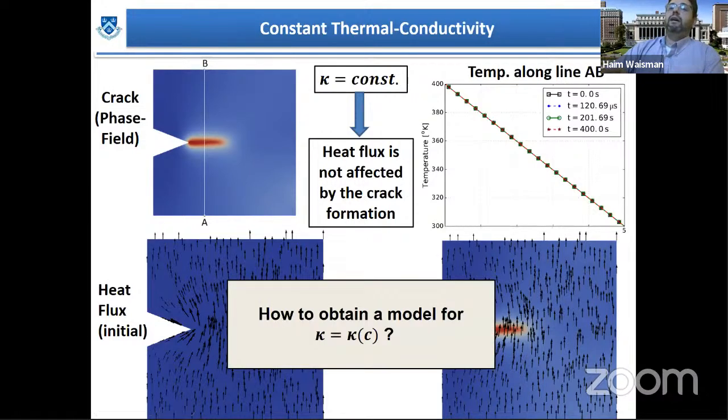And what we are proposing to do is basically say that the thermal conductivity has to degrade with the fracture. But how to derive this model, and probably there are several ways to do that, we chose one approach that I would like to show here today.